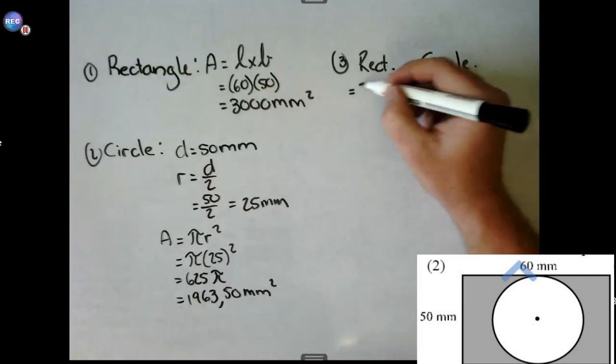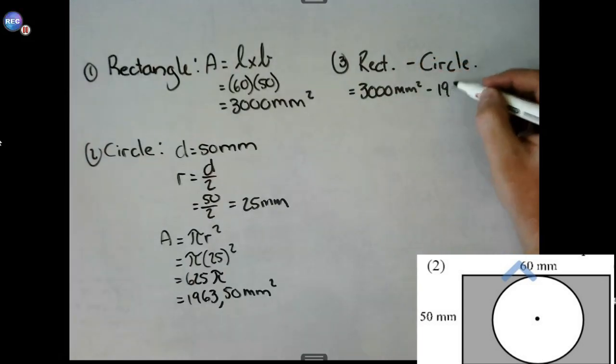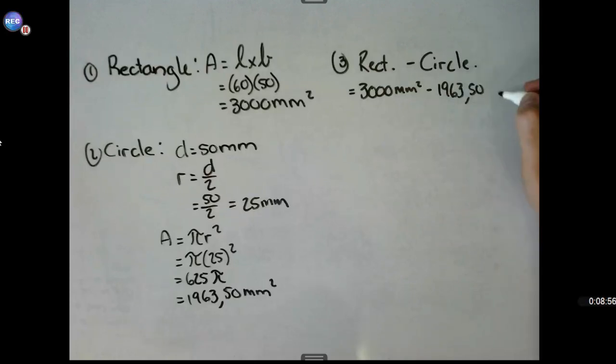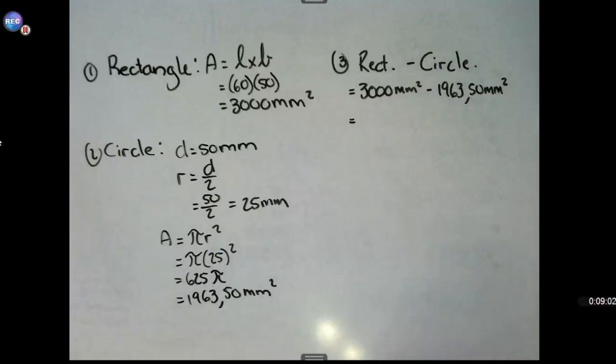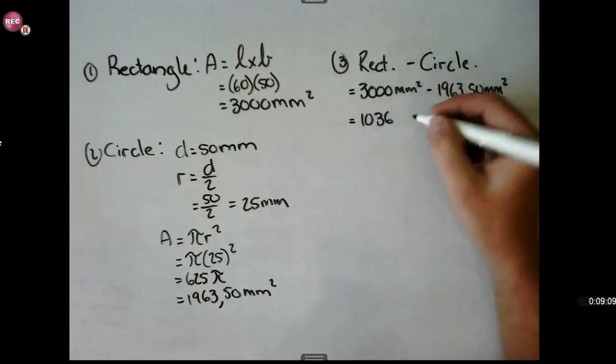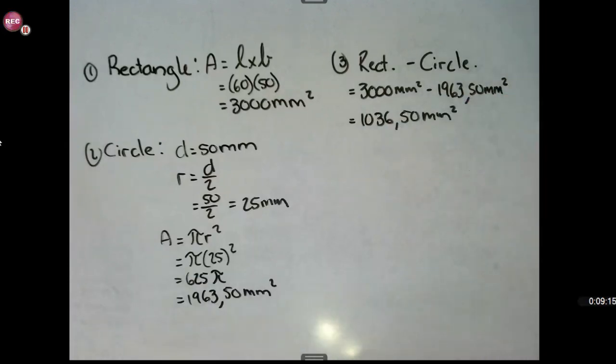So we'll say 3000 millimeters squared minus 1963,50 millimeters squared, and if you calculate all of that, you should get a total of 1036,50 millimeters squared. So the total shaded area would be 1036,5 millimeters squared. Okay. Moving on to the next shape.